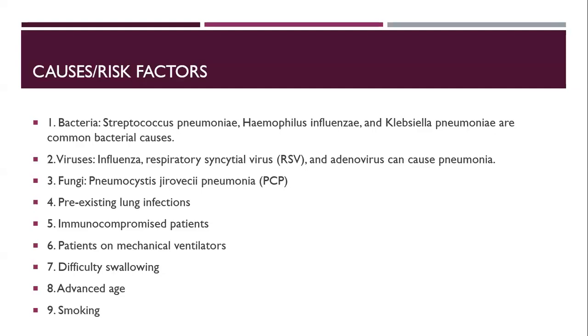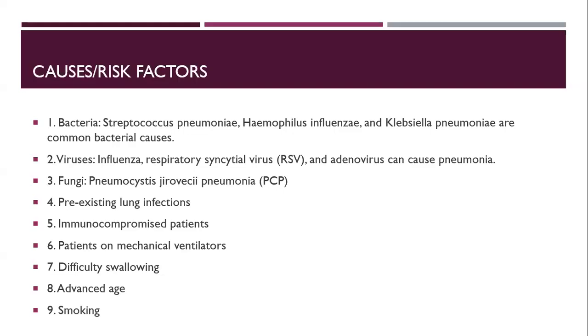When you get infections or inflammations, the integrity of your lungs is affected. How strong or intact your lungs were is no longer the same. So if care is not taken and you inhale anything else in your environment, it can cause a lot of infections in the airway. So pre-existing lung infection can cause pneumonia.